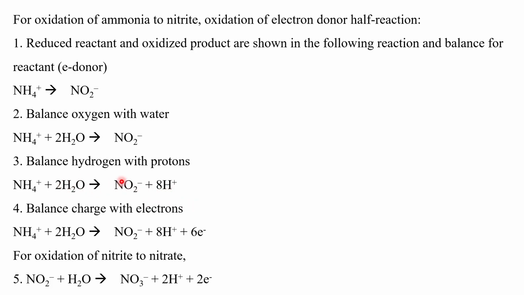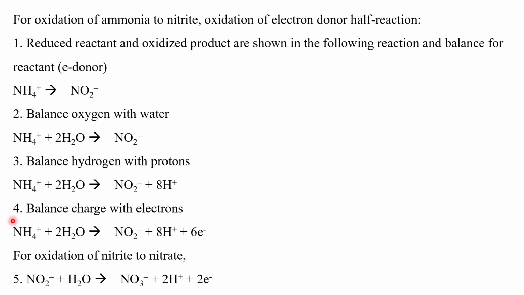So if I have to balance, I have to reduce 6 charges from the right hand side to equate it with the left hand side, right? So I can add 6 electrons, since electrons are negatively charged. So 6 electrons means minus 6, this is plus 8, this is minus 1. So 8 minus 1 is 7, minus 6 is plus 1, and here also we have plus 1. So our charges are balanced.